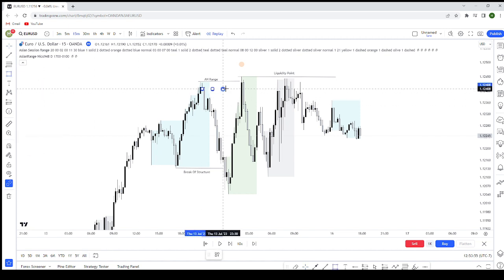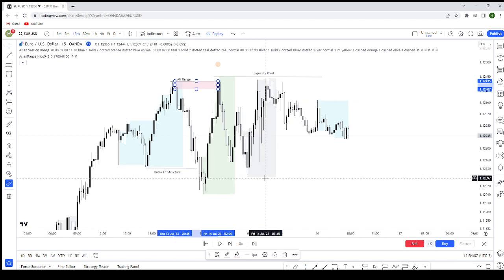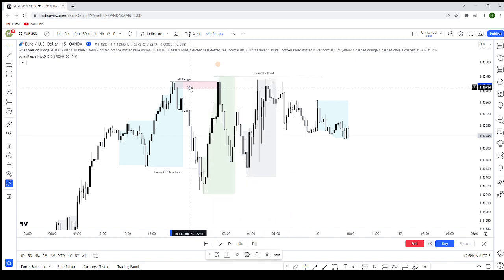From here, what I see is that this push, this leg from Asian high down to here, basically took out Asian lows and it took out this previous structure point that in my mind was considered a smart money trap. It's also a smart money concept type of trade because it's following the BOS. You got the people placing their orders up here.